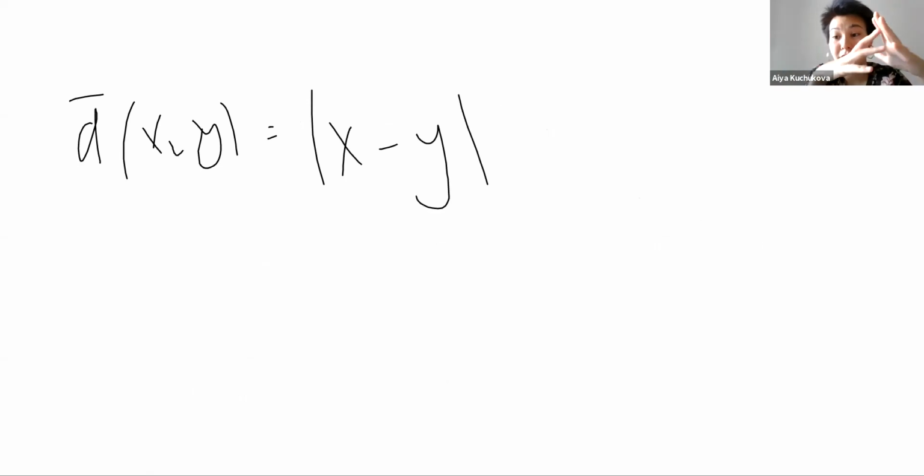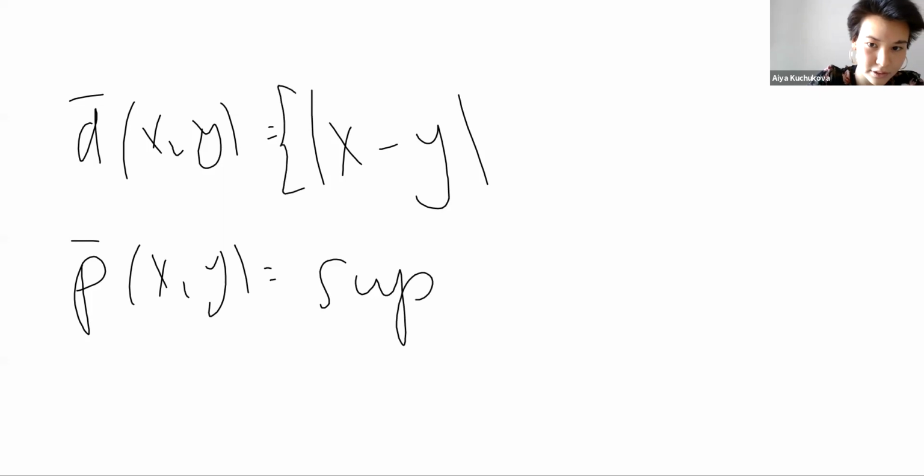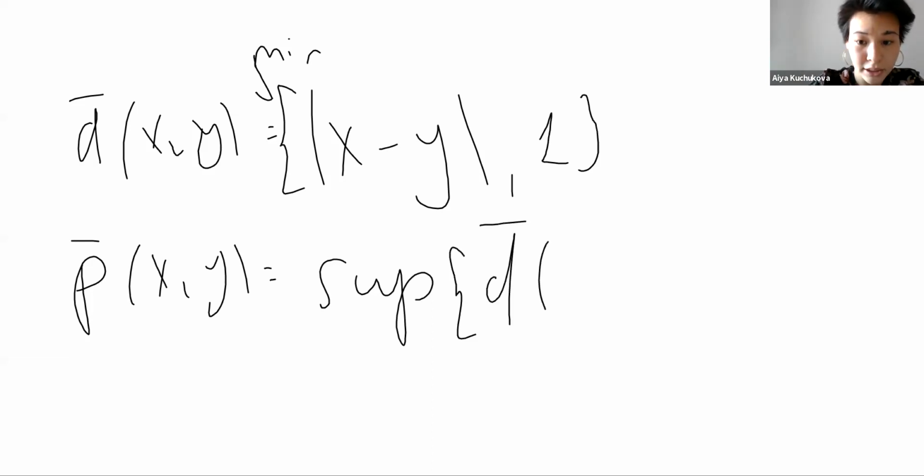And so what we can do is define p bar between x and y as a supremum. d bar would be the minimum between 1 and the distance of x and y in one dimension. And so what we do is we take the supremum of d bar of x_i, y_i.